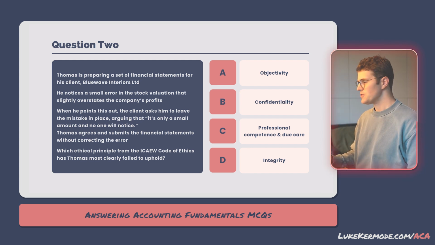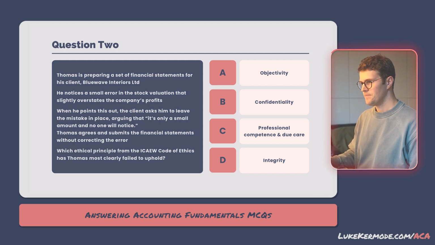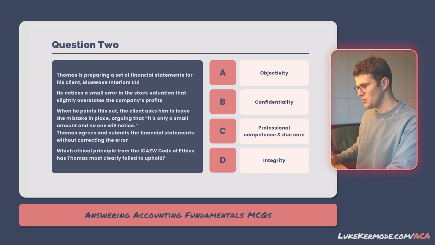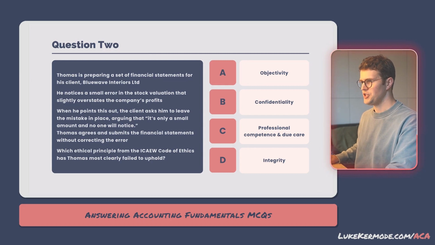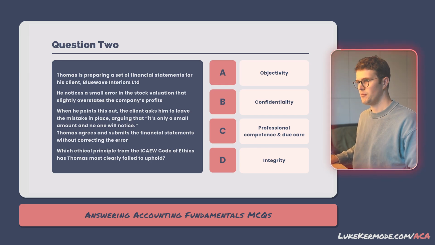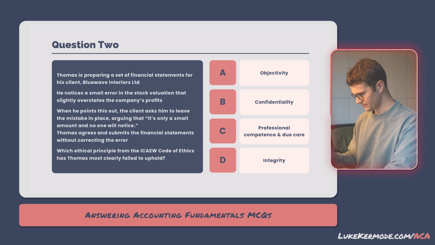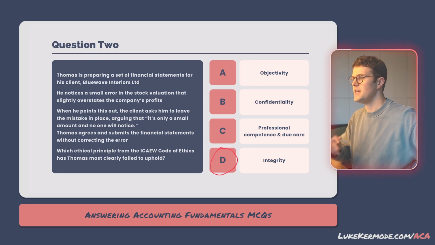The question for us is which ethical principle from the ICAW Code of Ethics has Thomas most clearly failed to uphold? Is it A, objectivity, B, confidentiality, C, professional competence and due care, or D, integrity? So the correct answer here is D, integrity.